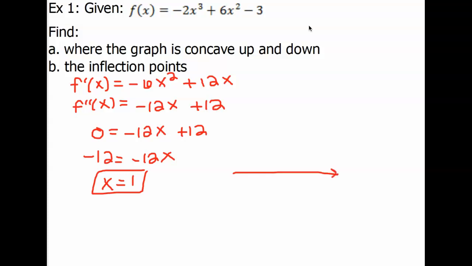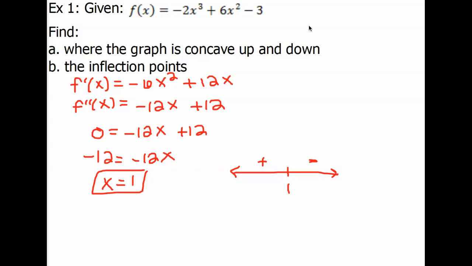And then we're going to put these on our number line, and we're going to look at 1. And then we're going to look at the signs to the left of 1 and the signs to the right of 1. So to the left of 1 is 0. If I plug 0 back into f double prime, I get 12, which is positive. If I plug in 2, I get negative 24 plus 12, which is negative.